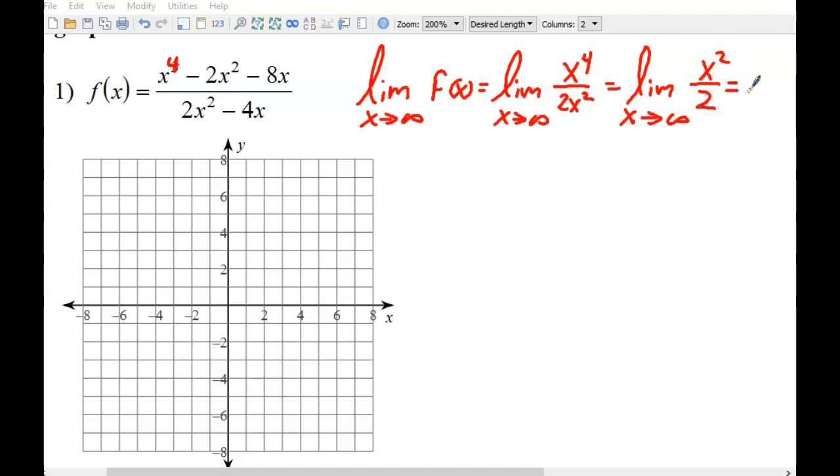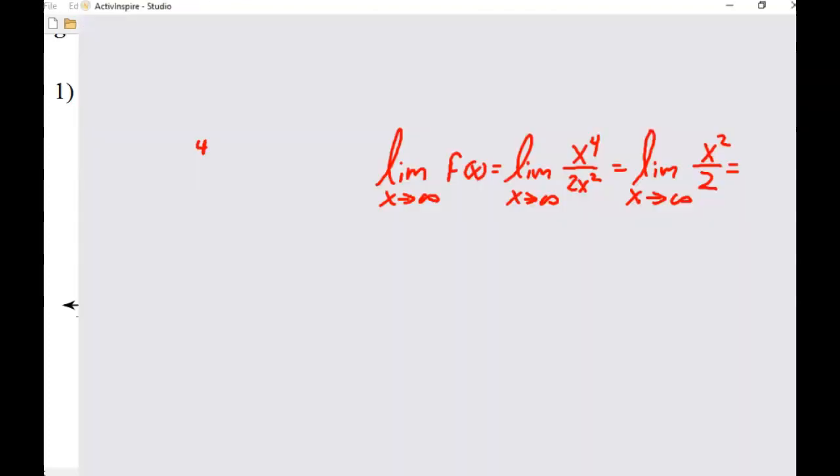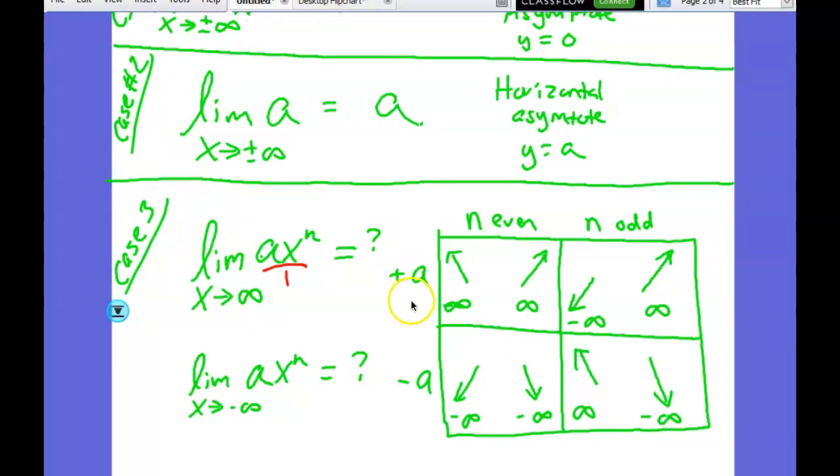And now I get to use my chart to figure out what's going on at the right. Well, now I want you guys to think. Positive A, even power. What should go over here? Think about it for a moment. Look at your chart, see if you can figure it out. Positive A, even power, well, it goes up on the left and on the right ends of the graph.